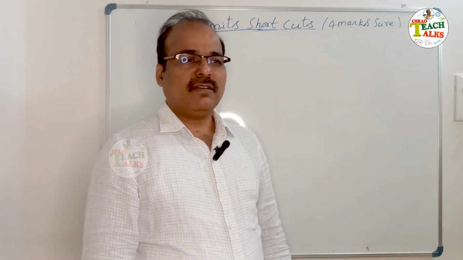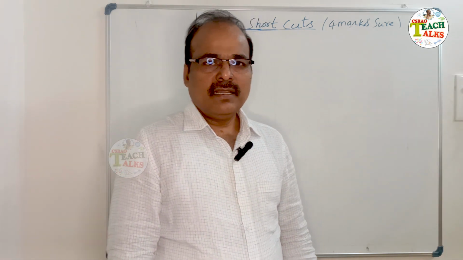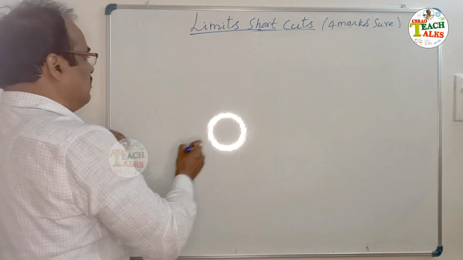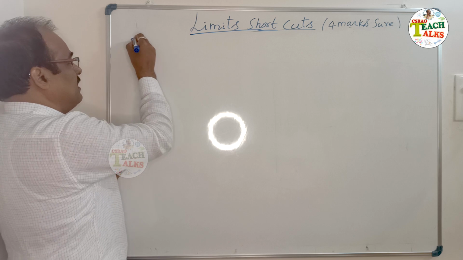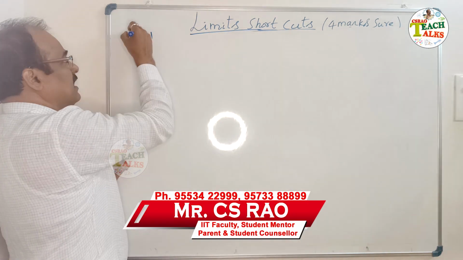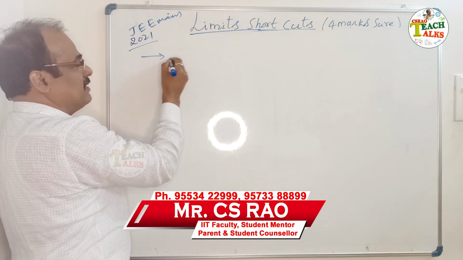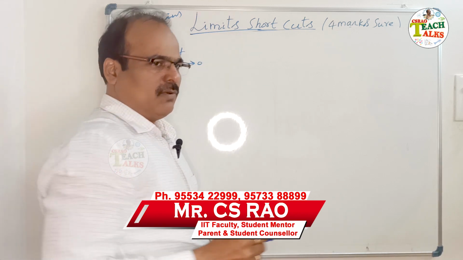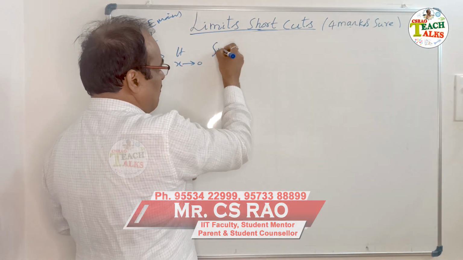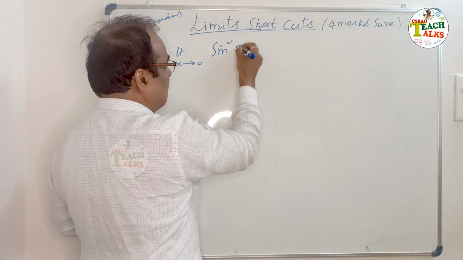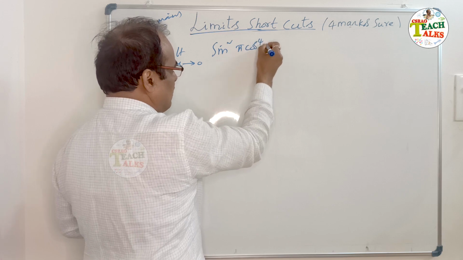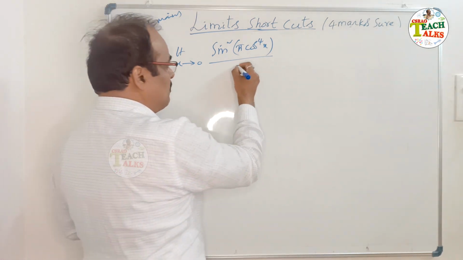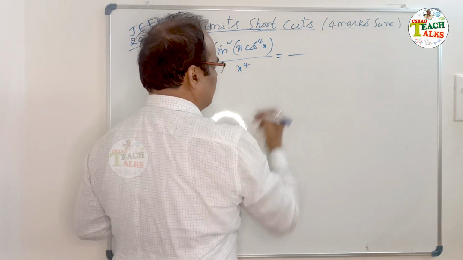Students, one more example which is reflected in the JEE Mains 2021. This one, limit x tends to 0, sine square pi cos power 4x divided by x power 4 is equals to.